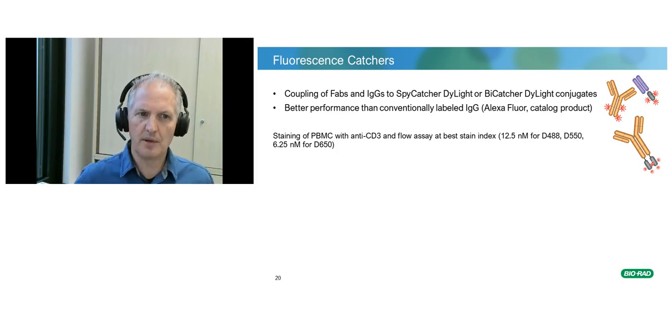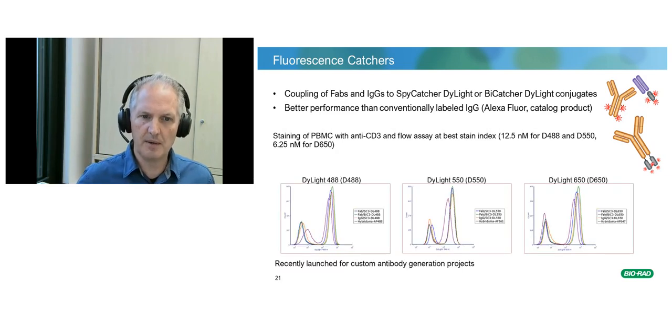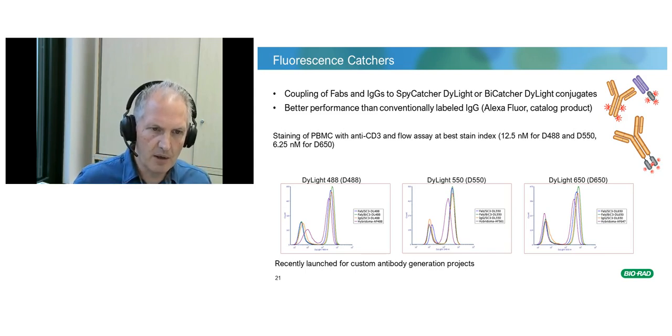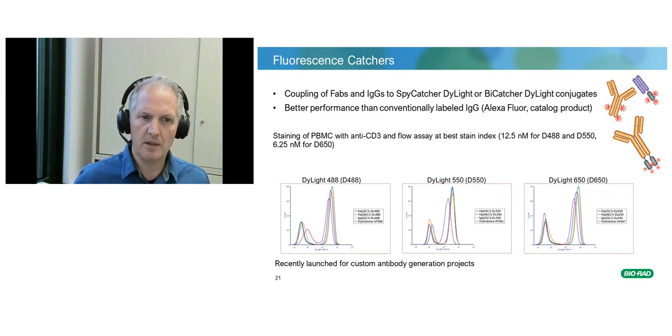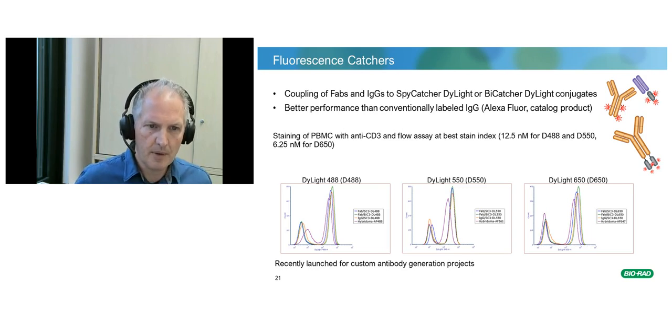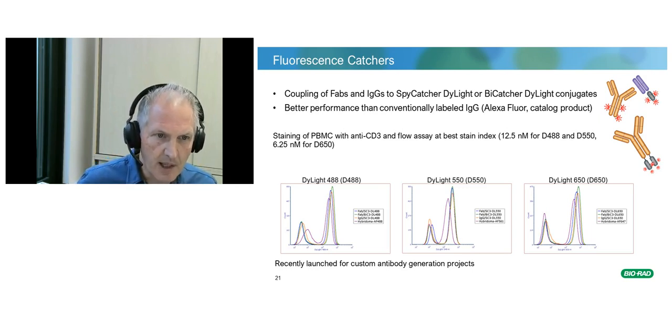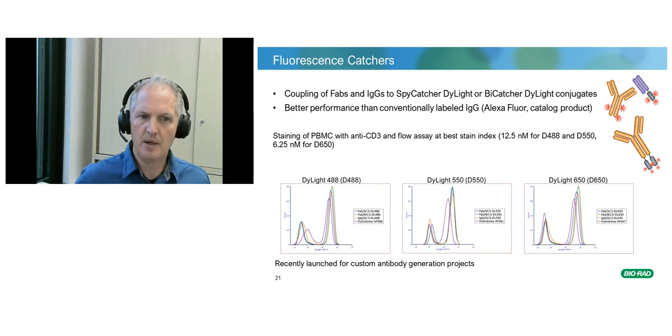For that, we used an anti-CD3 antibody and stained PBMCs. And that you can see in these curves. The green curve is the Fab coupled to the SpyCatcher dialide conjugate. The yellow curve is the IgG coupled to the SpyCatcher dialide construct.